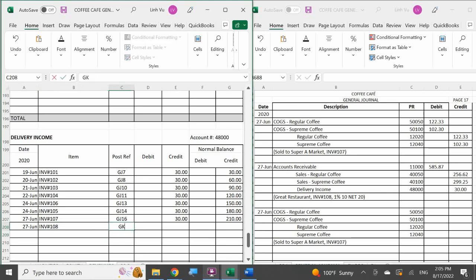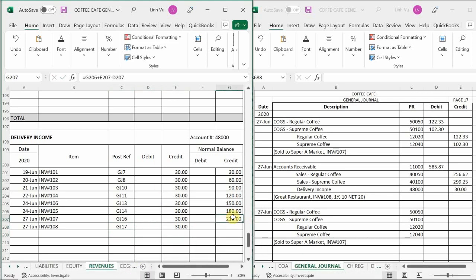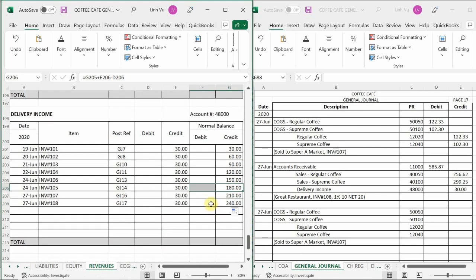Then page 17. And then it's another $30. Makes the balance 240. And then now we can move on to the subledger.